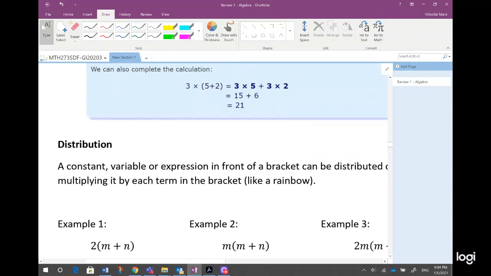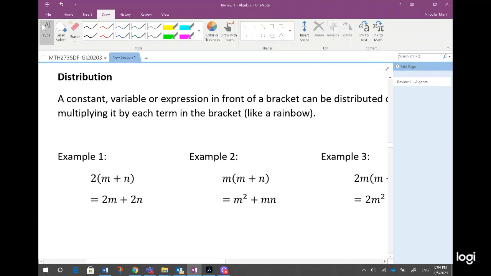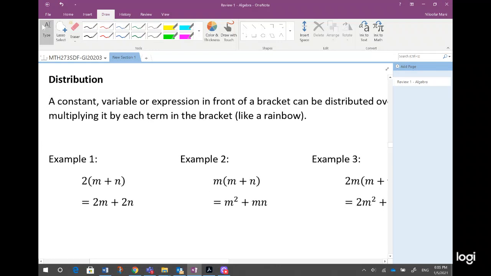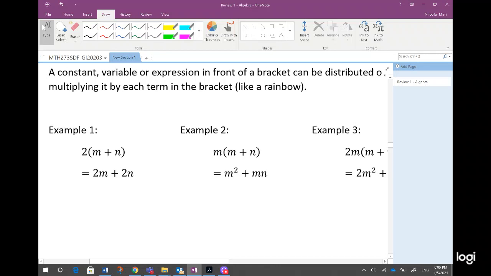So what should I do? This is distribution. I am distributing the variable or the number and variable before the bracket inside the bracket, inside the parentheses, inside the brace, inside the group.